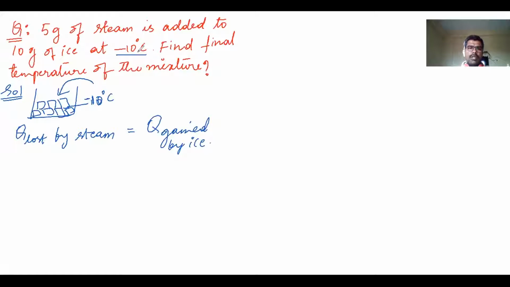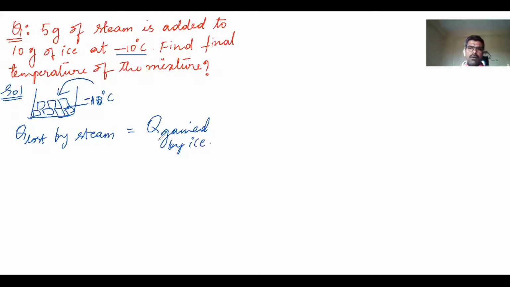Ice will be absorbing heat energy. Ice is at minus 10 degrees Celsius and steam is at 100 degrees Celsius. That steam loses heat energy. As a result, ice gains heat energy. So first, let us calculate the heat required.